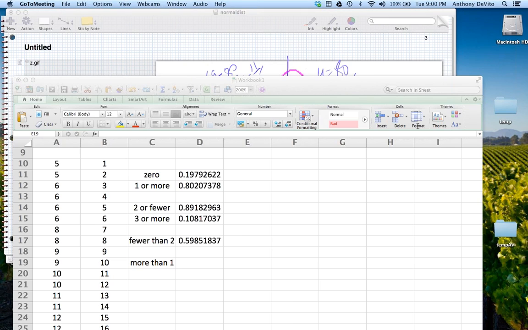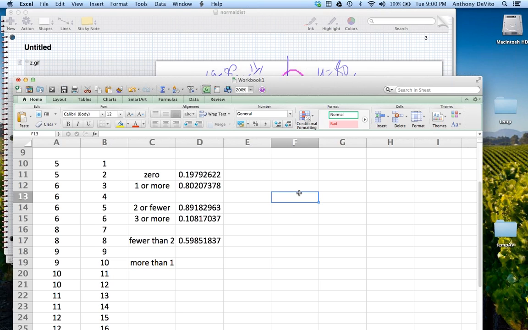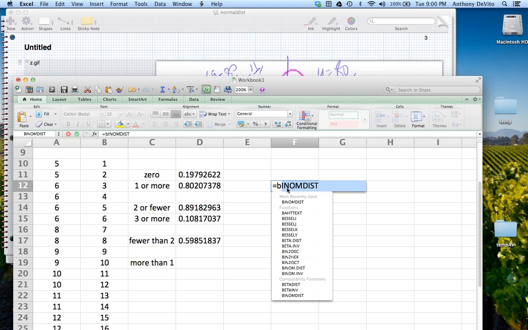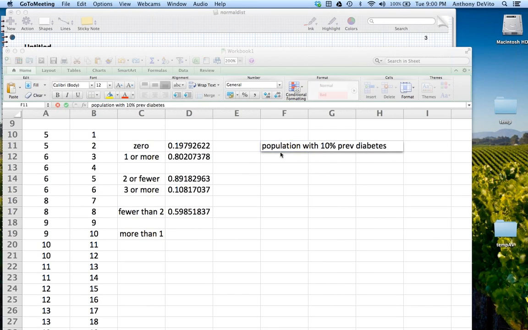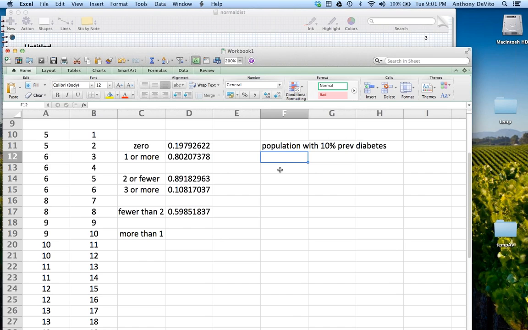Can you explain the rationale for using true or false in the binomial? Okay, I'll do it again. Equals binomial. I'm gonna give you a situation. You have a population of people with a 10% prevalence of diabetes.